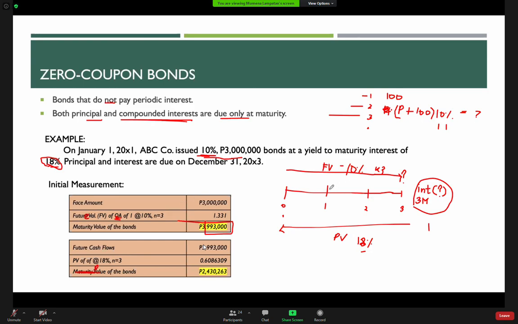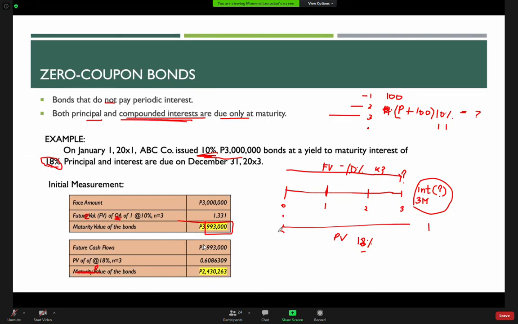Here, although there is no actual payment of interest, the interest accrues every year. So, we are trying to determine how much will accrue in total since the interest rate is compounded. That is why we use ordinary annuity here. Okay? So, here, PV of 1.